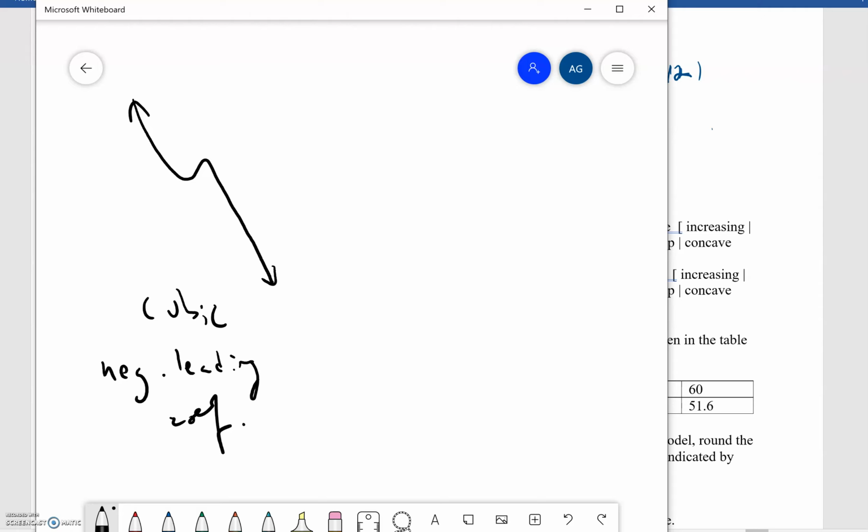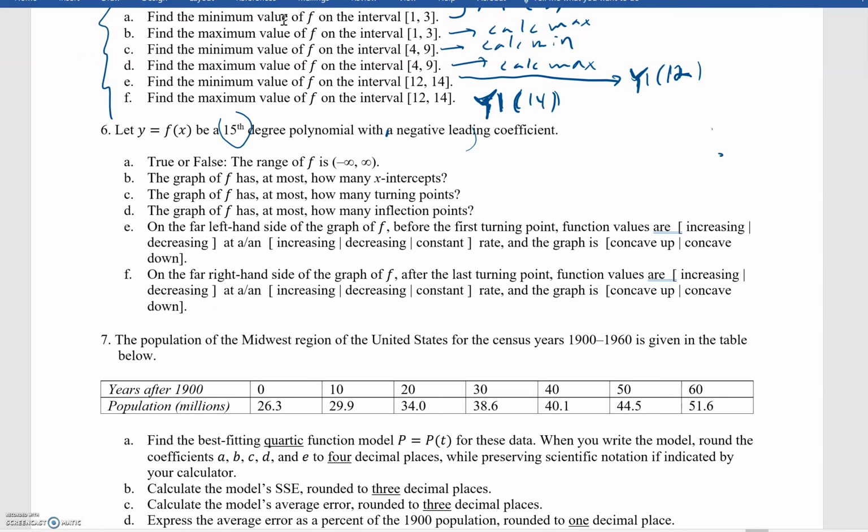And if I go to the 5th degree, it's going to have another bump, but it'll still basically look like this. So as we move from left to right, it's going to go down and then down some more. So my range is in fact going to be all real numbers. So this is true.